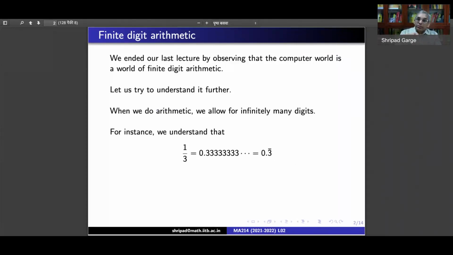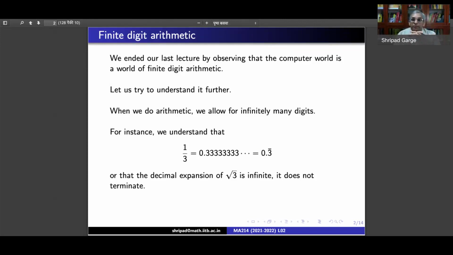This is denoted by putting a small bar on the recurring set of digits. Here 3 is the singleton which keeps recurring, and therefore there is a bar above the digit 3. Or we also understand that when we write root 3 and write its decimal expansion, it's an infinite decimal expansion. That means it doesn't terminate.